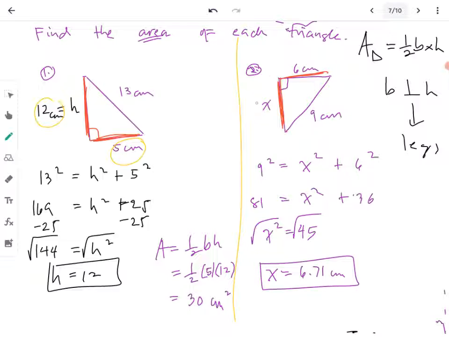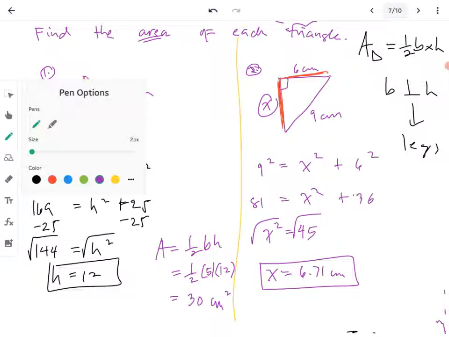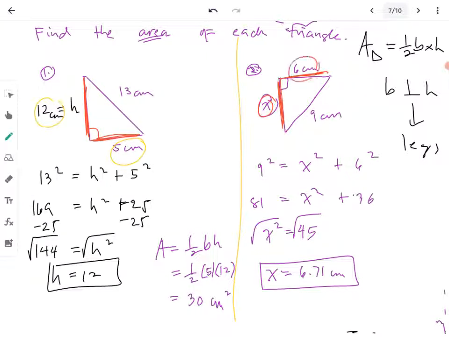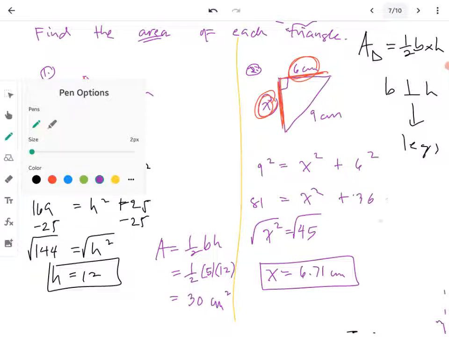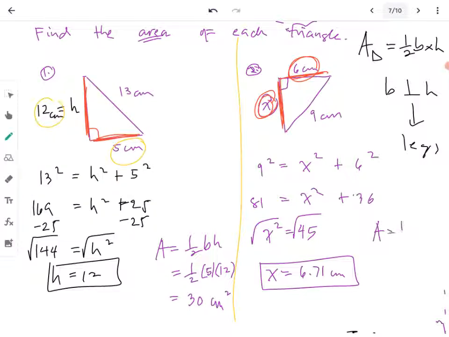Now we know that this one is 6.71 cm. We can use this to find the area. So the area would be, again, 1/2 base times height. The base, you can use the x as the base, depending on the perspective of the triangle, how you arrange the figure.